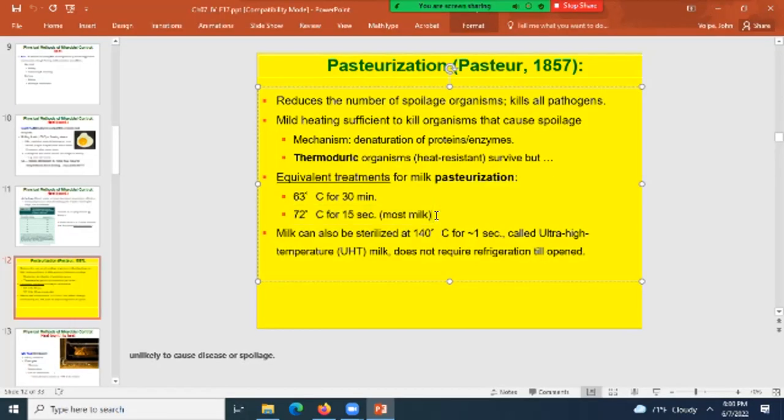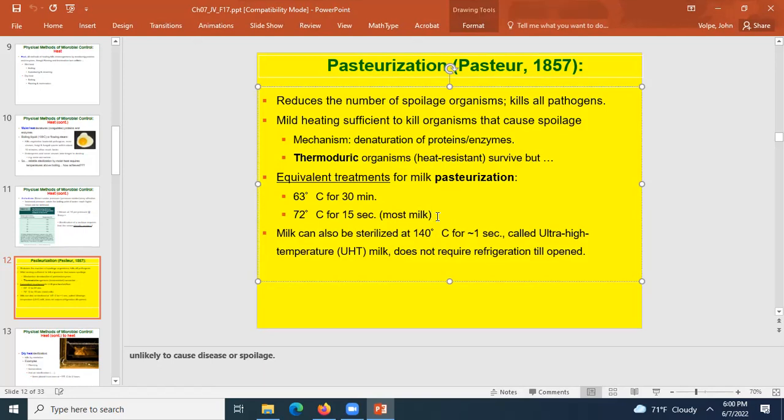And that allows the milk to last longer than it would if it was unpasteurized. However, it still has a shelf life because it does not kill all microbes in the milk. And those other microbes will grow over time and spoil the milk.